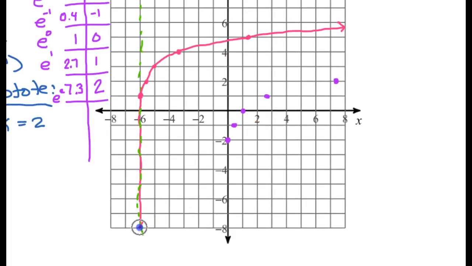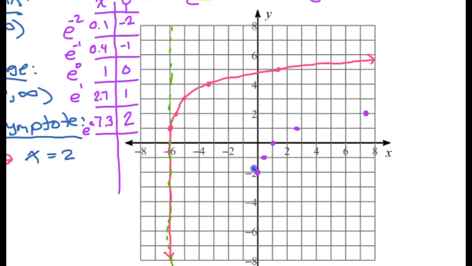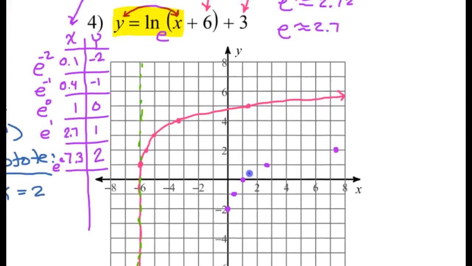Okay, so your graph should look something like this for number 4.